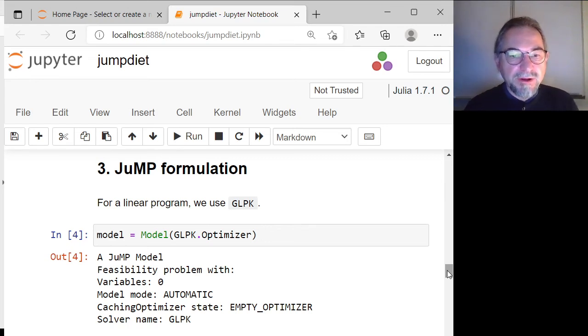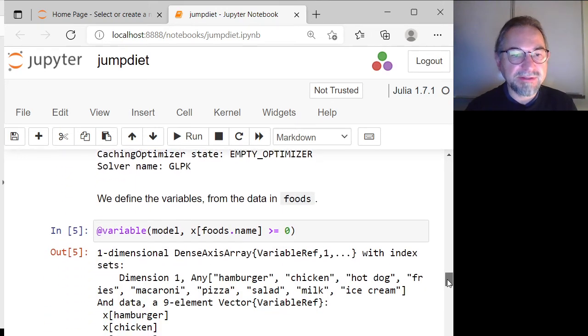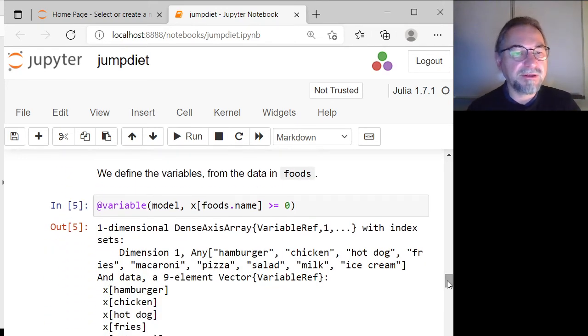We have to define the variables. And here this is kind of nice. So you don't really have to write a loop, although you can enumerate things. But we can define our variables from the data in the data frame.